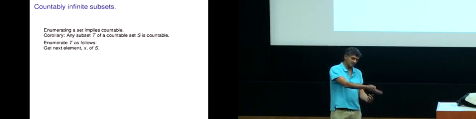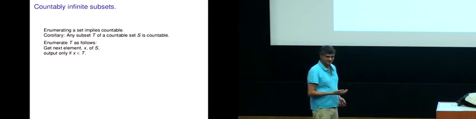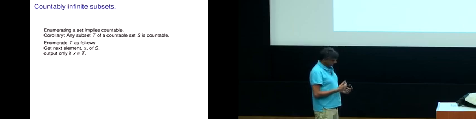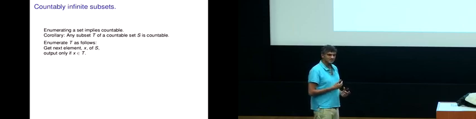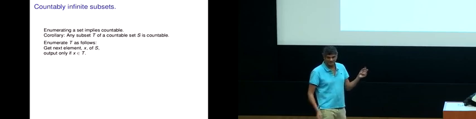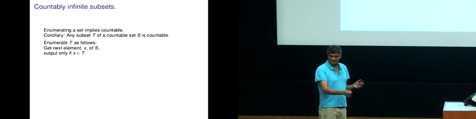Okay, I got it. Now this one, I only output it if it's in T. So any subset of S must be countable, because I just take the countable procedure I have for S, since I'm assuming S is countable, and only output the elements that belong to T. It also amounts to writing down the listing of S and crossing out the elements that aren't in T.